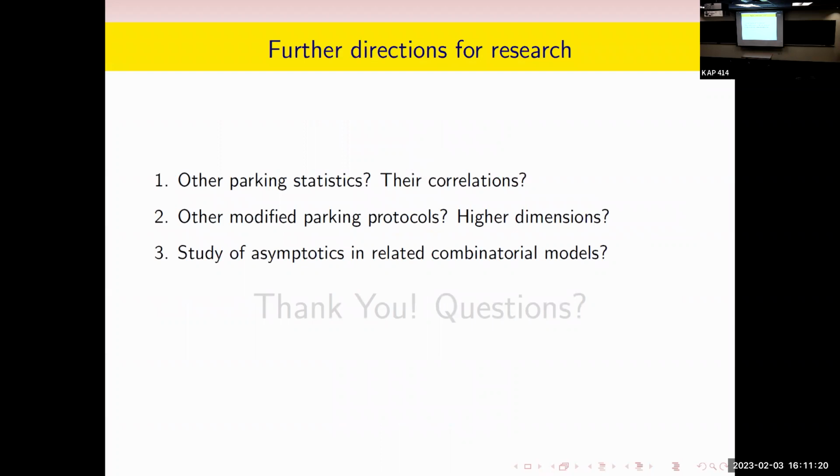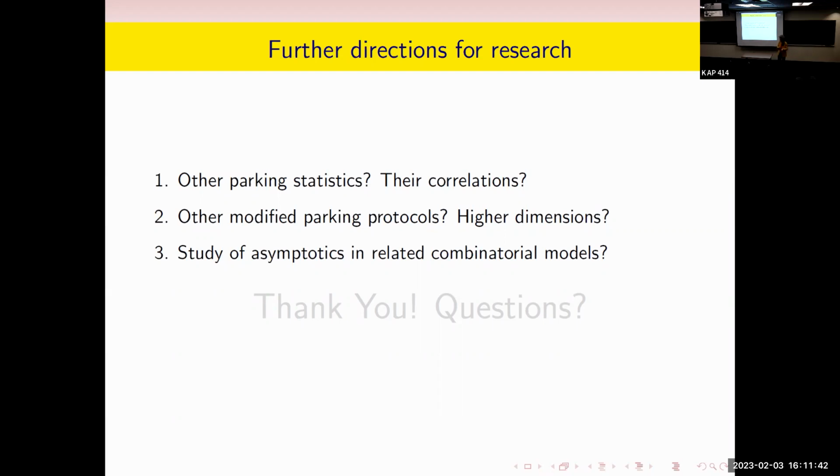Further directions: here we consider one-way parking or circular parking. What about two-dimensional parking or G parking, adding a probabilistic layer or doing a multi-shuffle or other things? And also, what are the asymptotics?